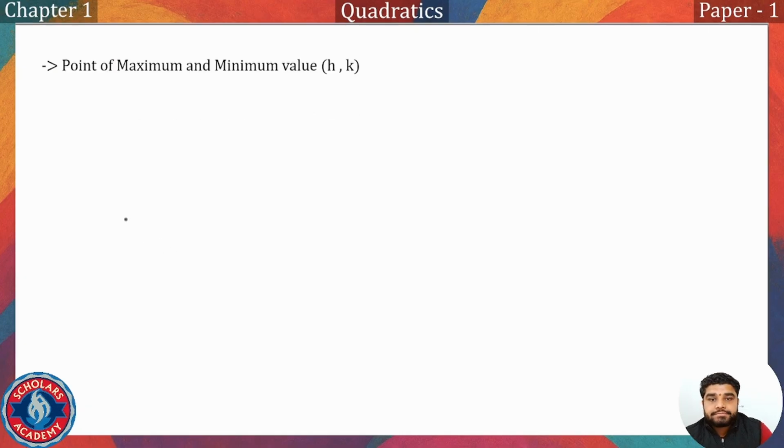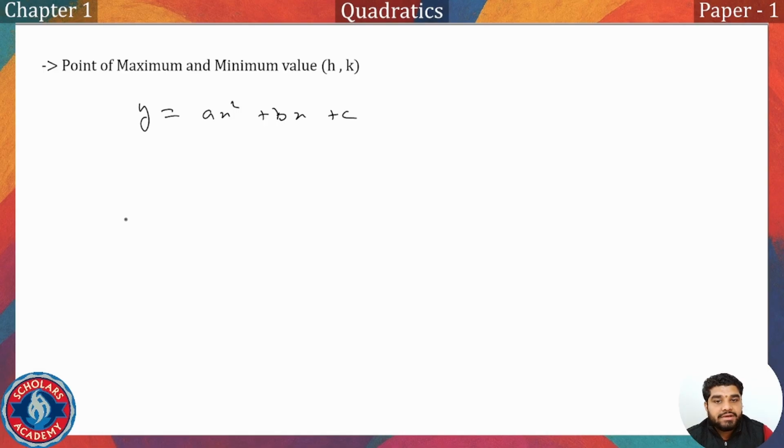Now we got to know that we are getting some point of maxima and minima in the curve, but how do we calculate that? The general equation is y is equal to ax square plus bx plus c.